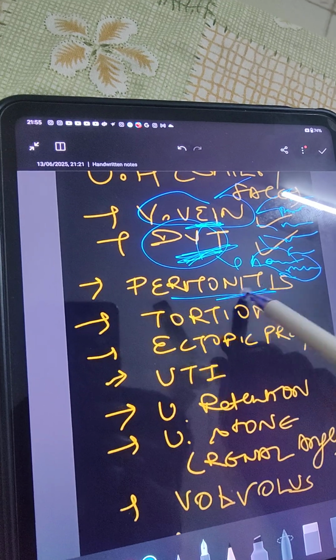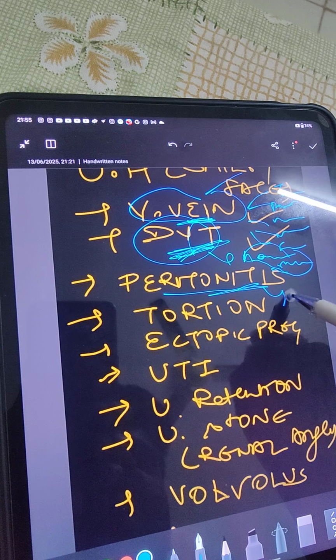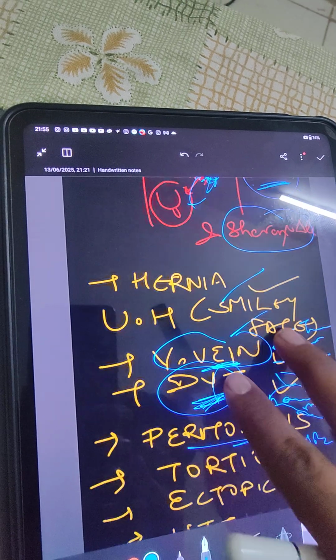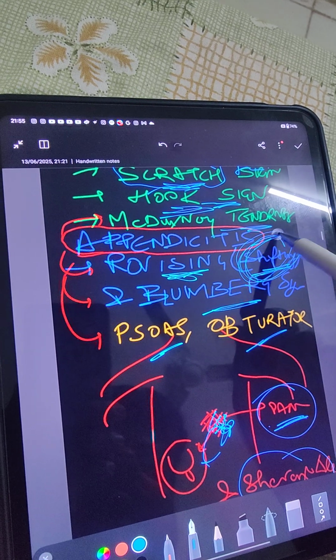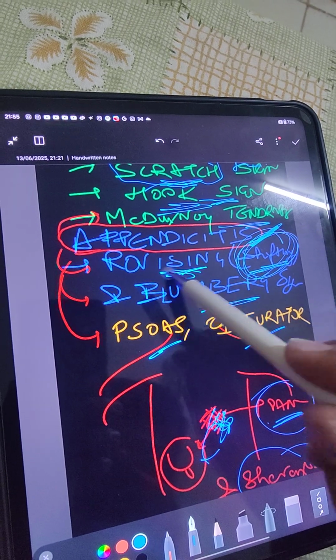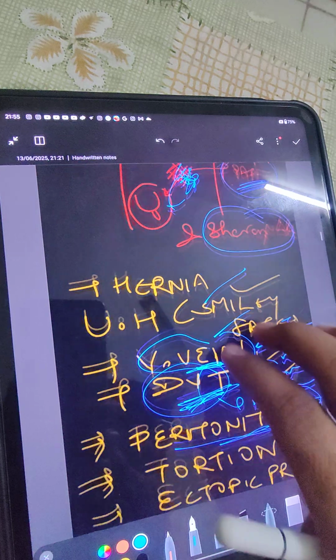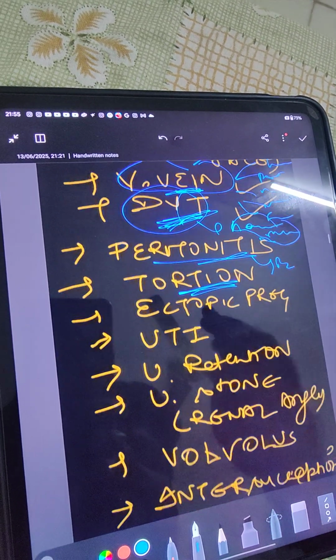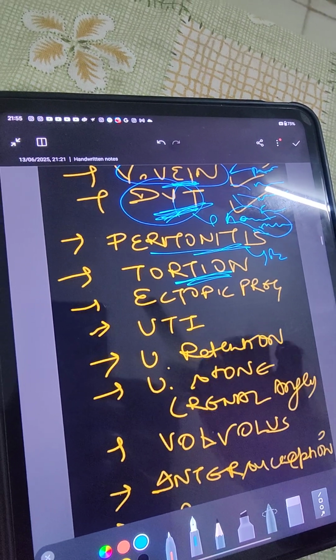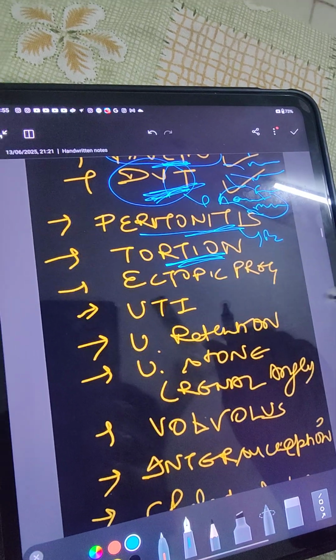Other conditions are peritonitis. In peritonitis, that sign is also present in appendicitis. If the peritoneal layer is inflamed, that is Blumberg sign. Last one is torsion. Torsion of testes will have agonizing pain, that is intolerable pain.